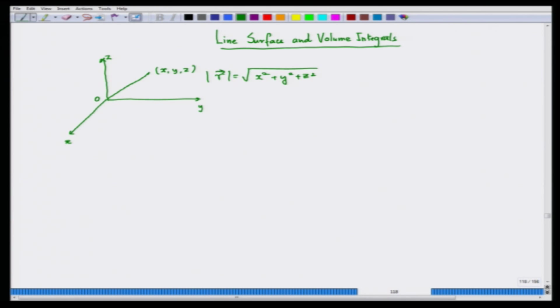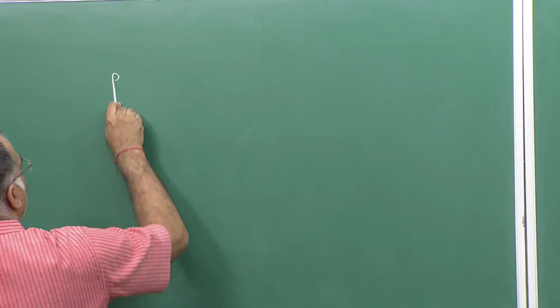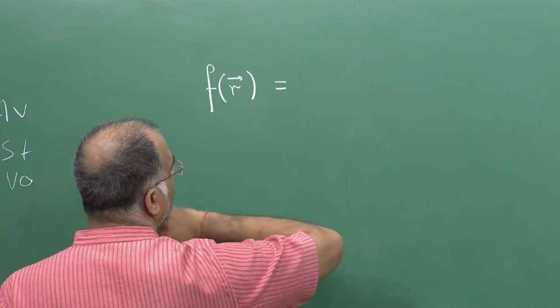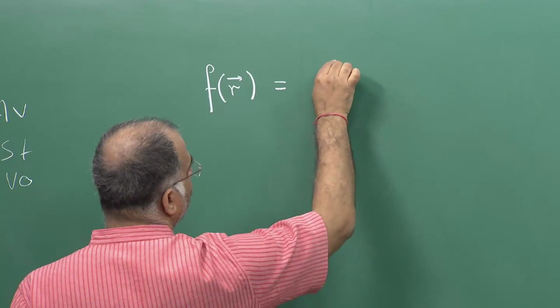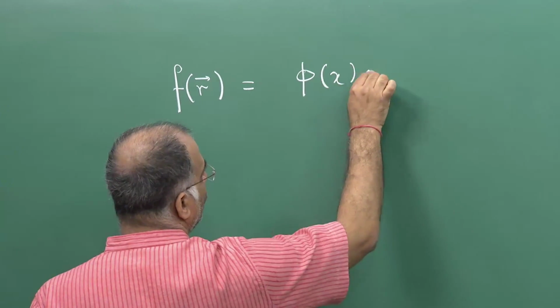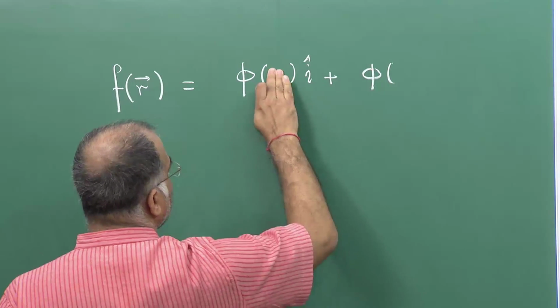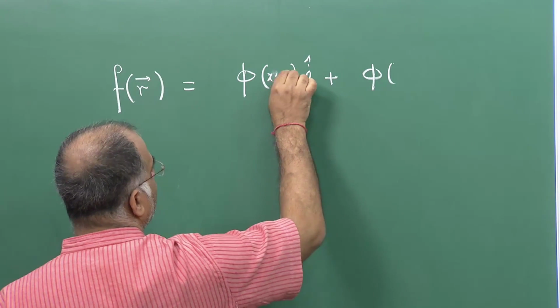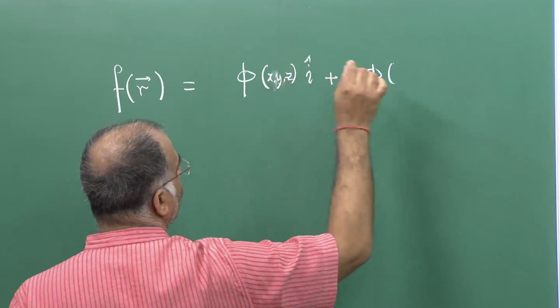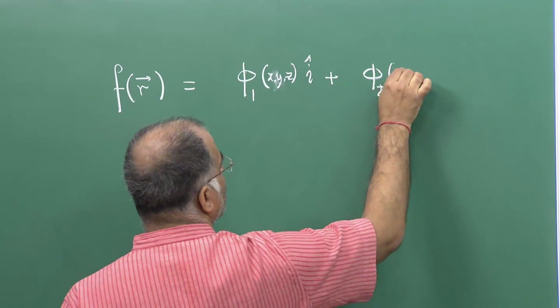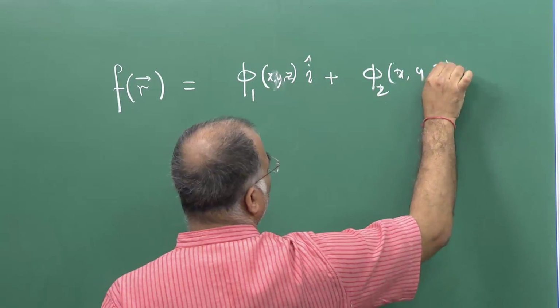For example, if I take a function of some r vector, it could be some function phi 1 of x, y, z into the i vector, and phi 2 of x, y, z into the j vector.